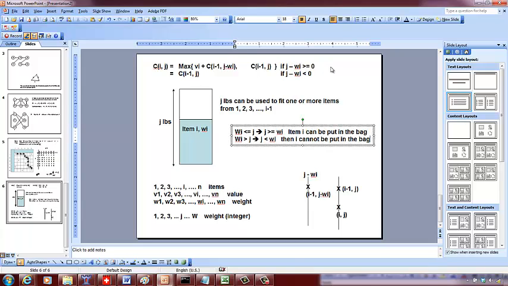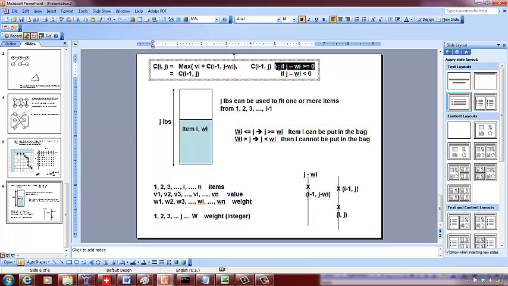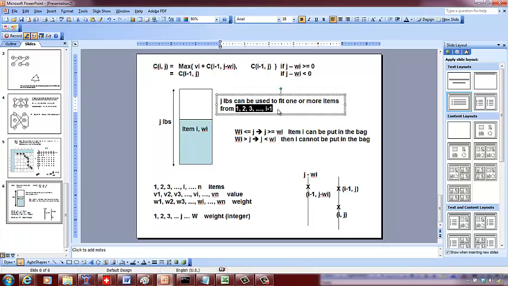If j minus Wi is greater than or equal to 0, then we can either put the item in the bag or not, depending on whether you are able to maximize the value. If I put item i into the knapsack of capacity j, I am left with only capacity j minus Wi. Within that capacity, I have to see if I can put one or more of the remaining items, 1, 2, 3 up to i minus 1.